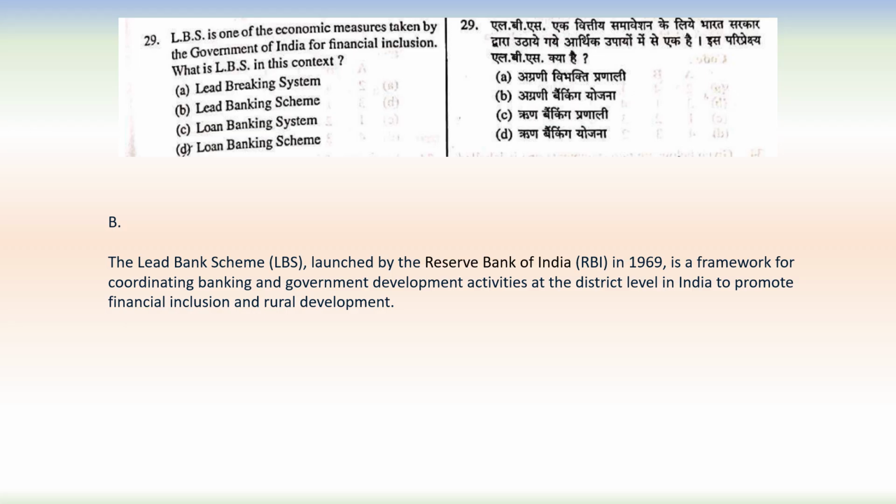What is LBS in this context? LBS, the lead bank scheme, was launched by the RBI in 1969 and is a framework for coordinating banking and government development activities at the district level in India to promote financial inclusion and rural development. So LBS is the lead bank scheme. B is correct here.